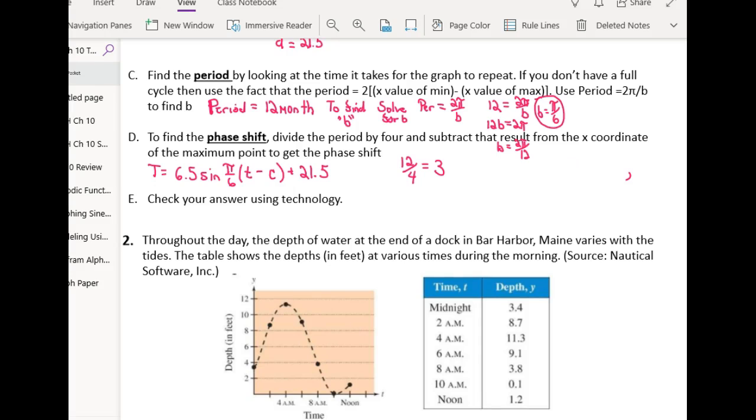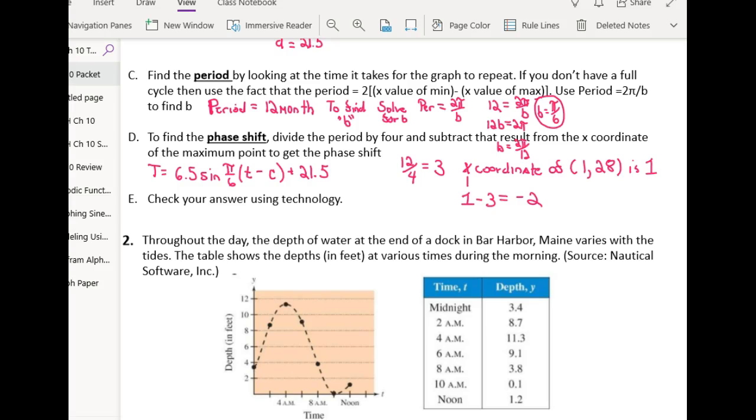What does that give you for the phase shift? We take 1, take away 3, and we get -2. So that's our value for C.